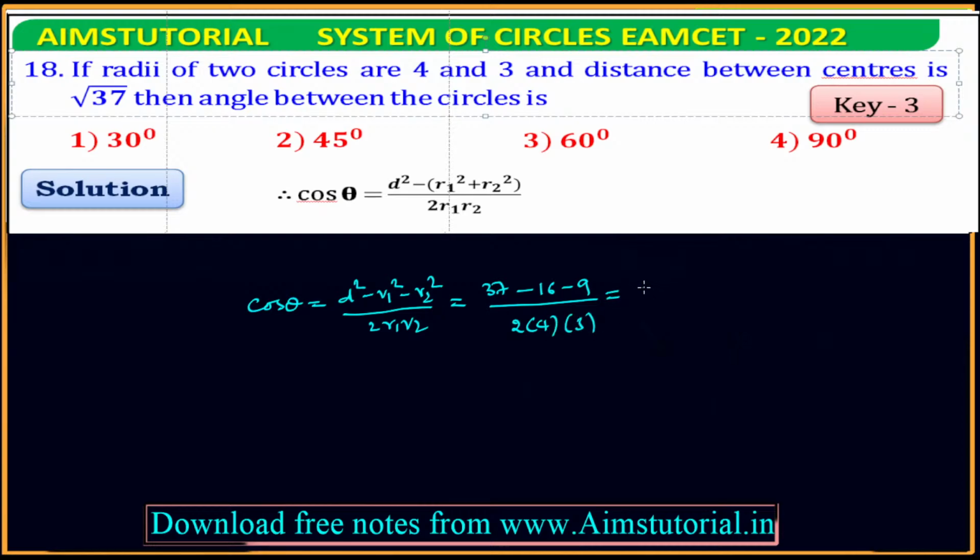So 37 minus 25 is 12, divided by 2 into 12, which is 1 by 2. 1 by 2 means cos 60 degrees. Cos theta equals cos 60 degrees, so theta equals 60 degrees. Third option.